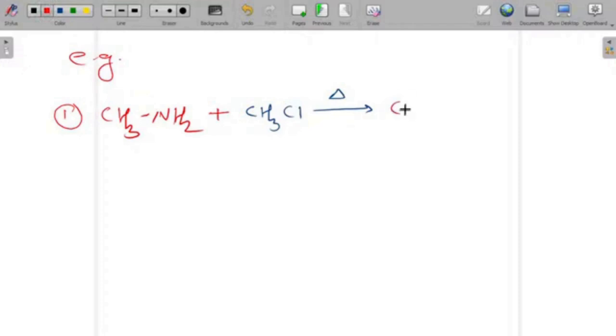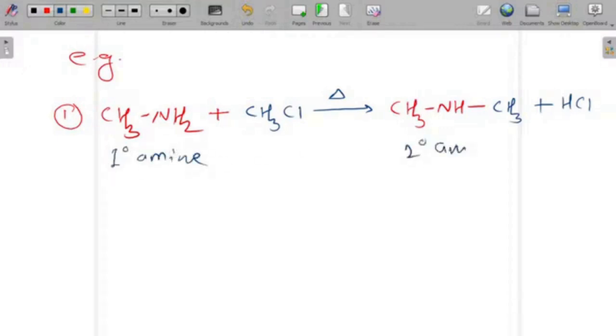The product is nothing but CH3NH, and here this is the CH3 group, plus HCl. This is a primary amine, this is a secondary amine. So what is the second step? Again this secondary amine, I am writing this as it is, CH3NHCH3.